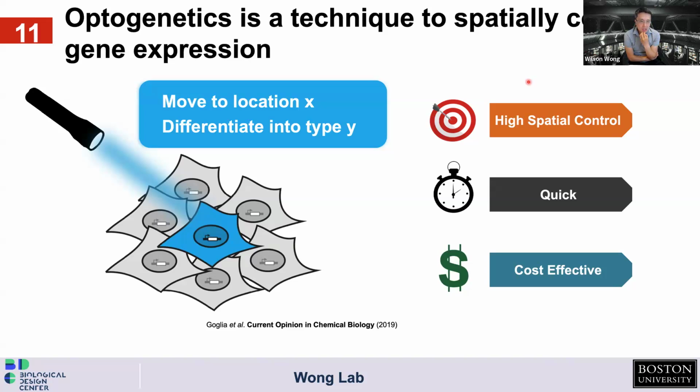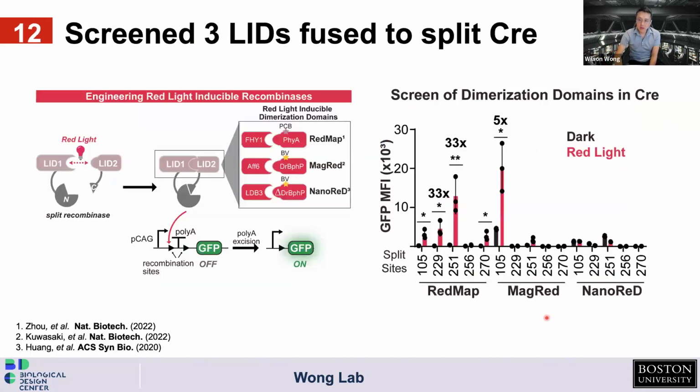It's a field called optogenetics, and the nice thing about optogenetics is that it has high spatial control. It's pretty fast in how it responds sometimes, and you don't have an expensive inducer. You just turn on some lights, and once you have the setup going, it's pretty easy. You can keep doing it over and over again.